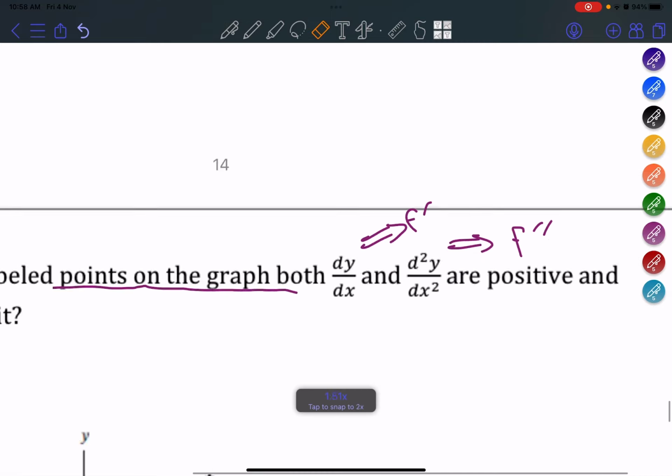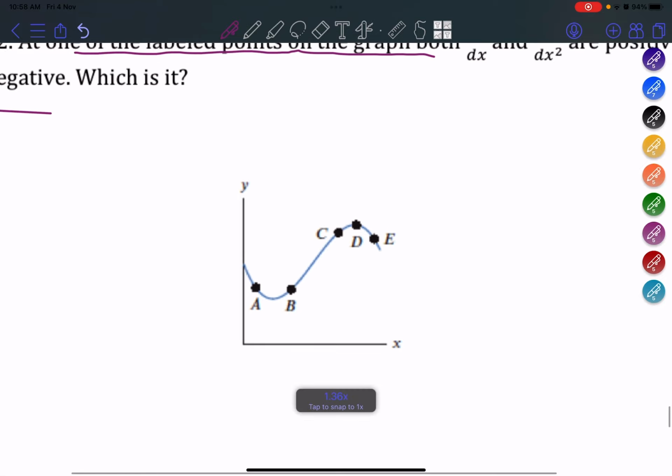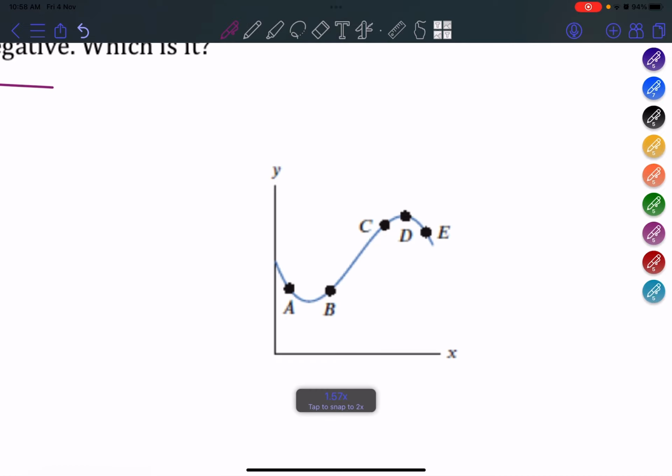Basically they want a point in which the first, or single, and second derivative are both positive, and a point in which the single and double derivative are both negative. So let's first look at point A. We see that at point A, the single derivative, or the tangent line, is decreasing, so it's negative, but it's at a point where the concavity is up, so it's positive for the double derivative.